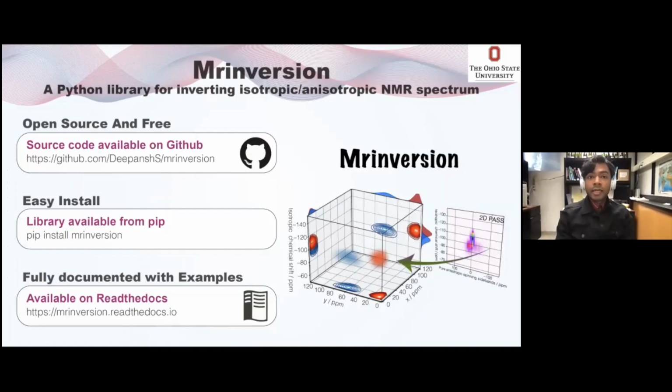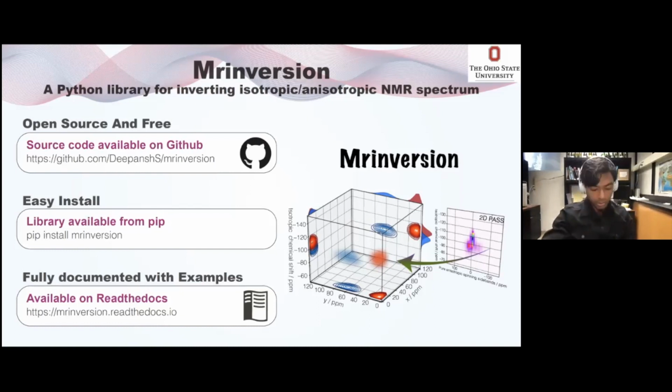In the end, I would like to present a library that we wrote for this particular inversion, called NMR inversion, which is a library written in Python for inverting isotropic and anisotropic spectra. It's available on GitHub for free and easy to install using pip, and the library is extensively documented on Read the Docs.